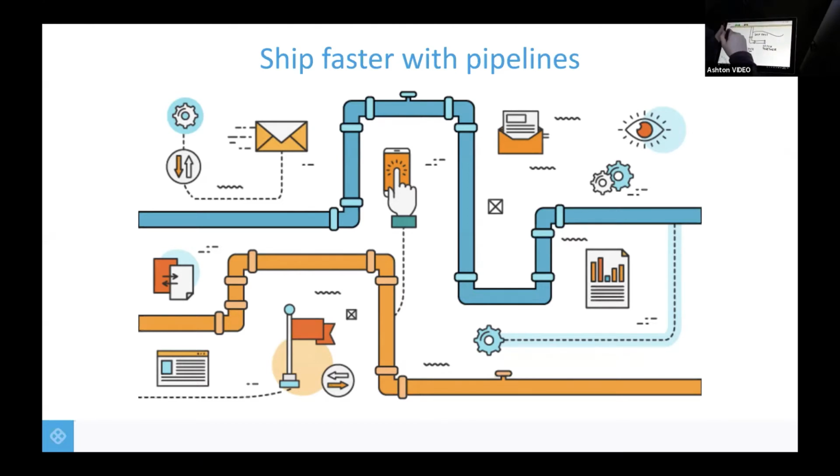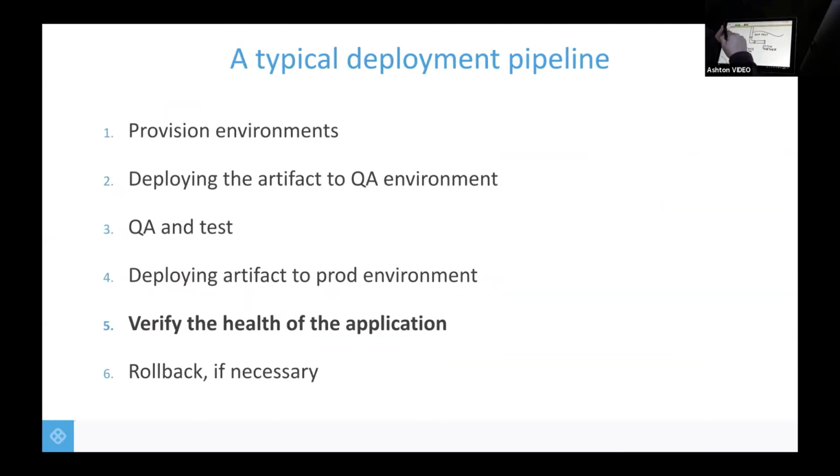And so this is what a typical deployment pipeline looks like. You'll provision environments for your application to live in. You'll deploy that packaged artifact to a QA environment, a quality assurance environment, and then you'll do that QA process and that testing to ensure that it looks good. If it does, then you may get some approval, and then you can deploy that artifact to a production environment.